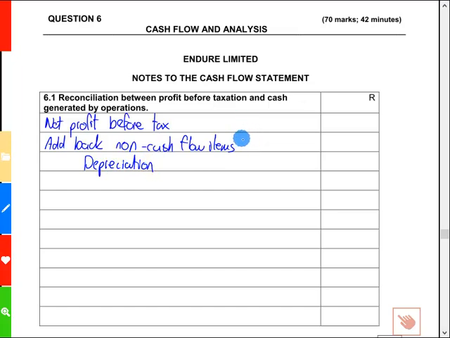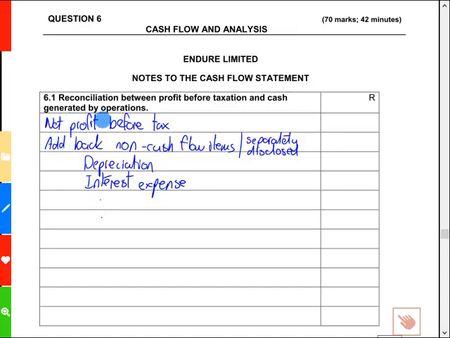Non-cash flow items or separately disclosed items. Okay, you don't have to write this actually. I'm just showing you that for interest's sake. Then we're going to have your interest expense. And let's just leave a little bit of space if there are one or two other items.